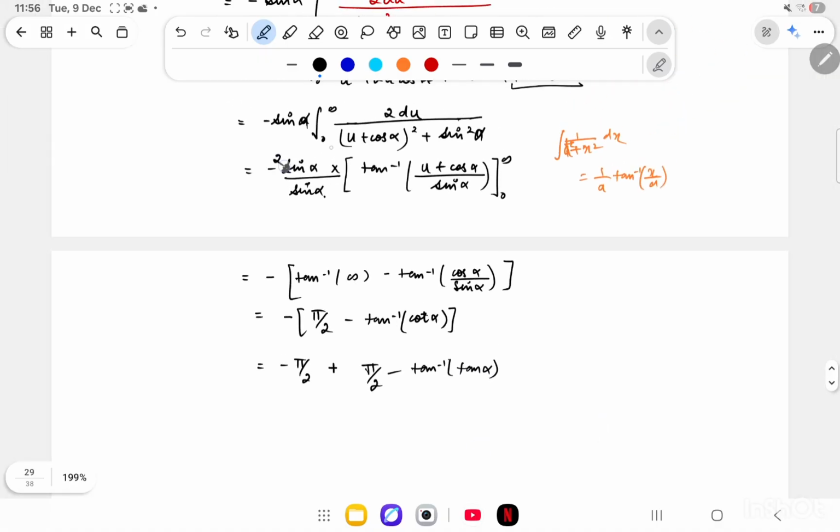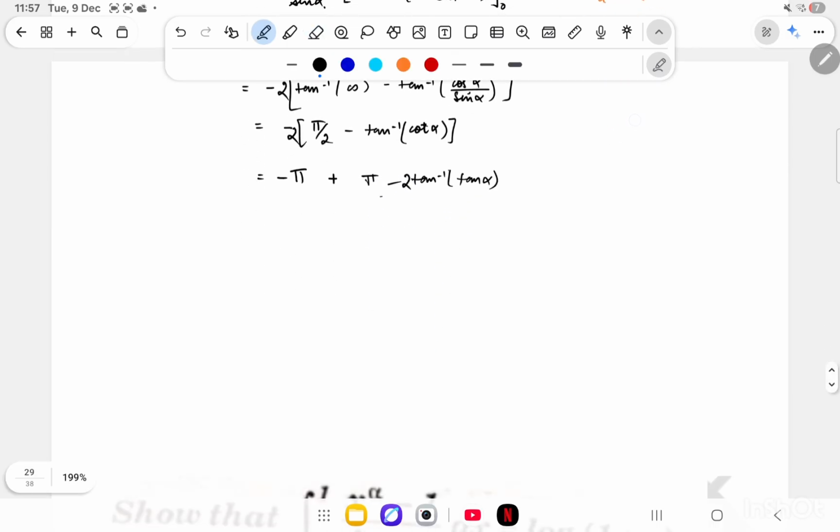And we have the 2 as well here, so it is 2 times this, and it will be minus pi plus pi minus 2 alpha, that will be equal to minus of 2 alpha.